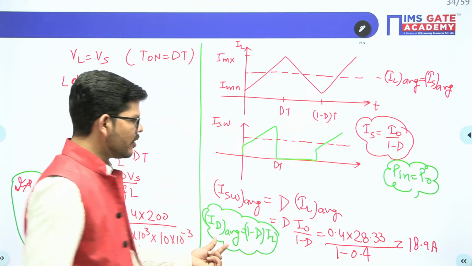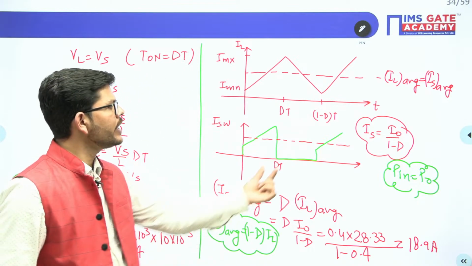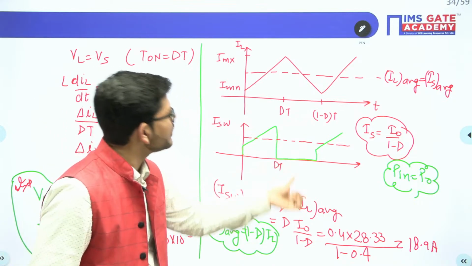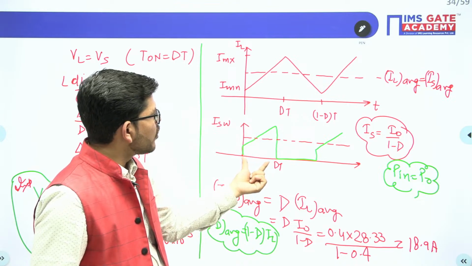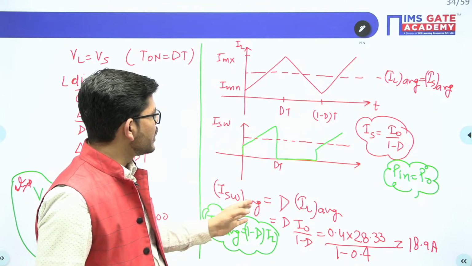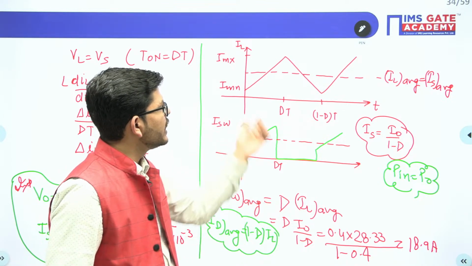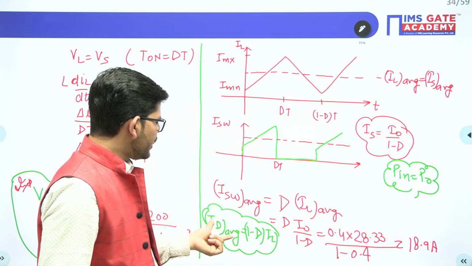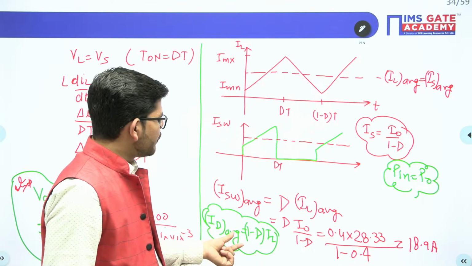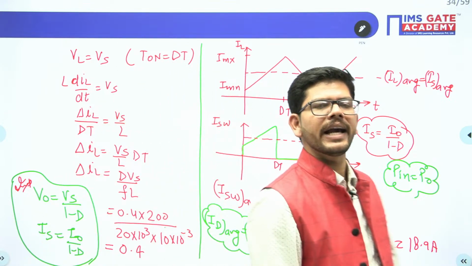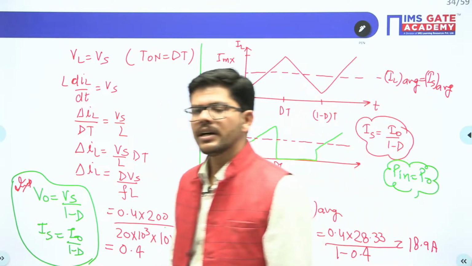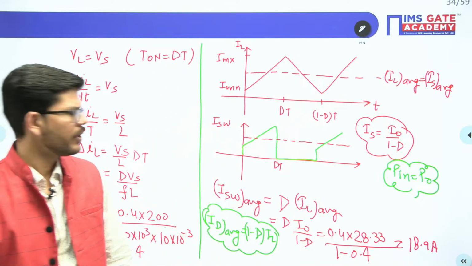Because the diode carries the current during the off period and it is the same current that the inductor is having. So for the switch we have done IS average equals D times IL average. If diode would have been there, it would have become 1 minus D times IL. So this is how we can calculate the switch current or diode current, okay?